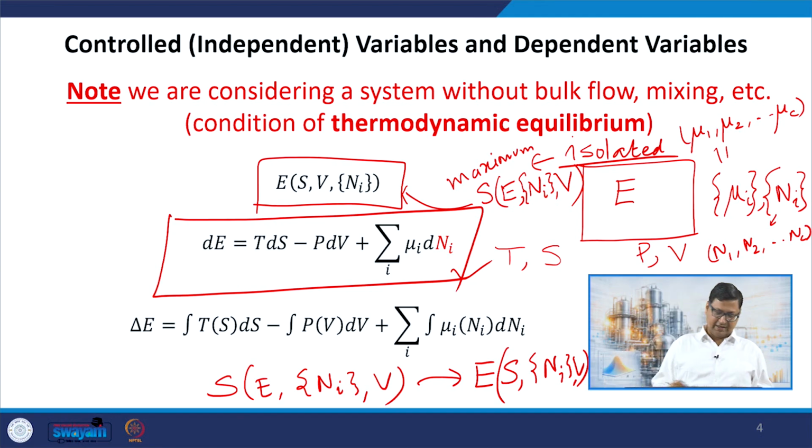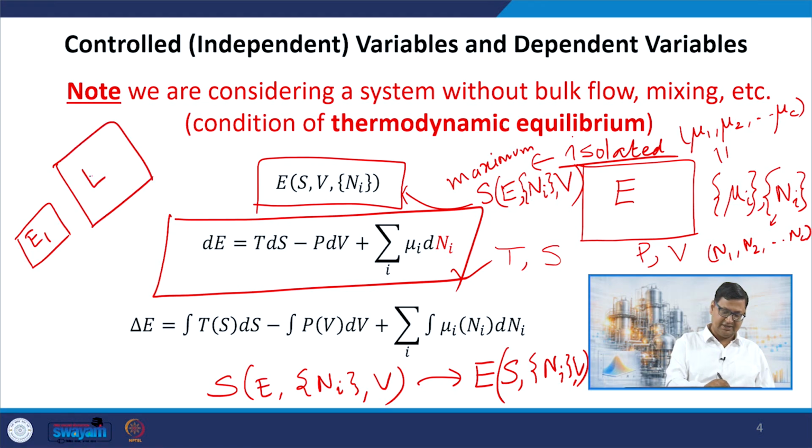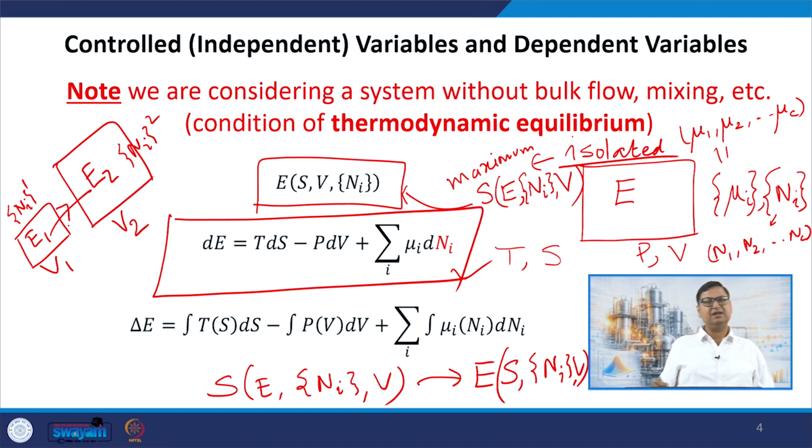Just to make my point clear, let us say I look at two isolated systems. One is having energy E1 and other is having energy E2, and one is having volume V1, other one is having volume V2, and one is having a certain number of moles, let me call it N_i1, and other one is having certain number of moles N_i2. So I am referring to the energy change between these two, energy difference between these two, right?